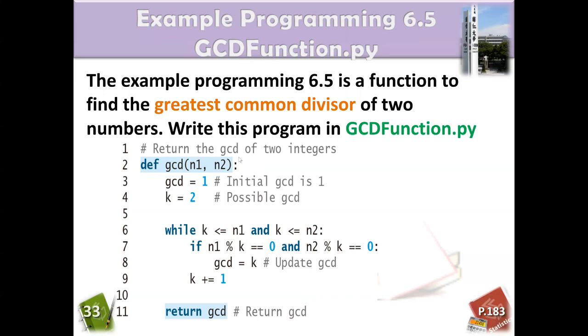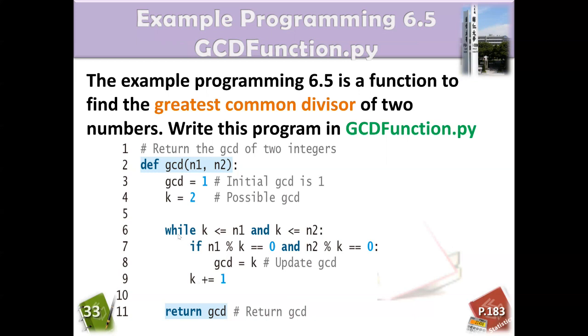So let's make a review. What is the GCD and how do we do that? It's a function, so there are two parameters, first is n1, the other is n2. GCD equals 1, k equals 2. While k is smaller than or equal to n1 and k is also smaller than or equal to n2, then if n1 divided by k remainder equals 0 and n2 divided by k also equals 0, then k will be the GCD.